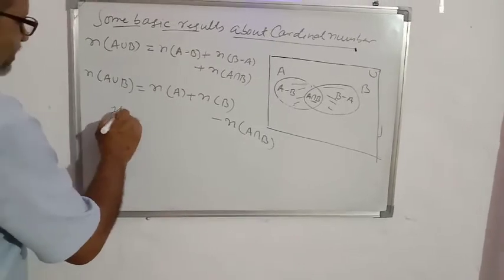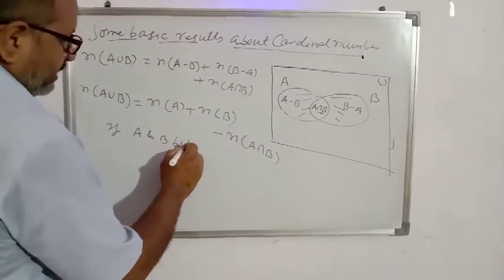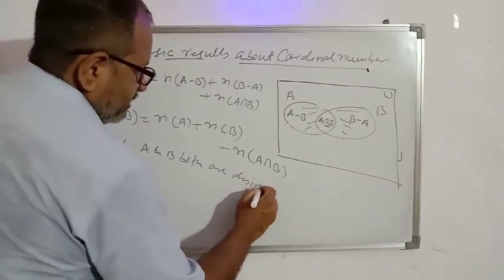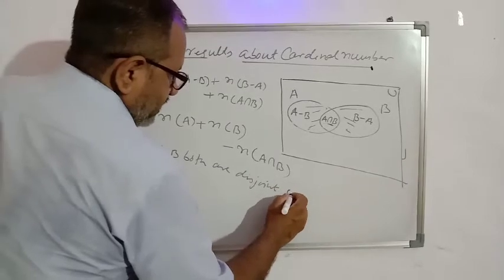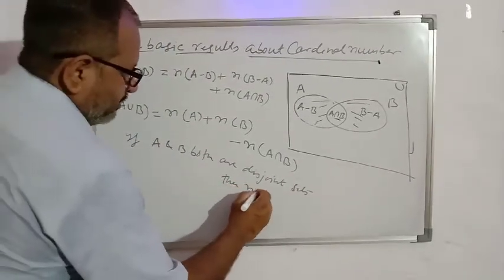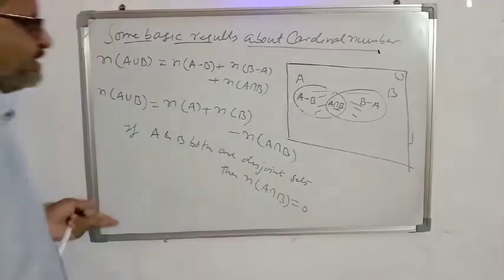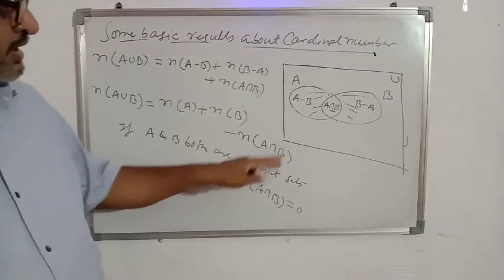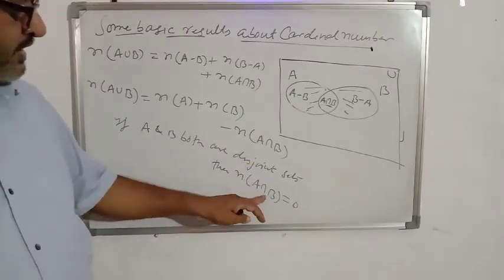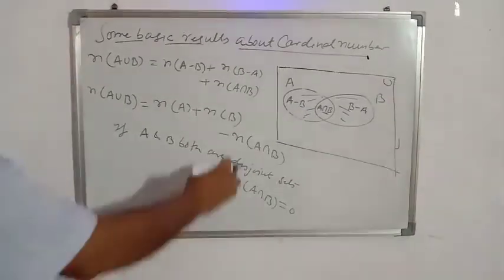If A and B both are disjoint sets, then what will be n(A intersection B)? 0. Disjoint sets means nothing is common in both sets A and B. So the cardinal number of A intersection B will be 0.